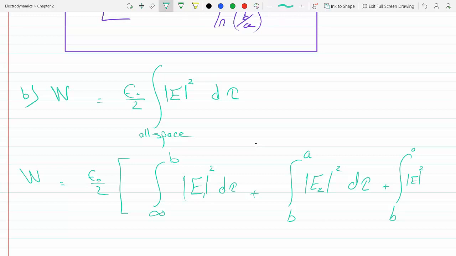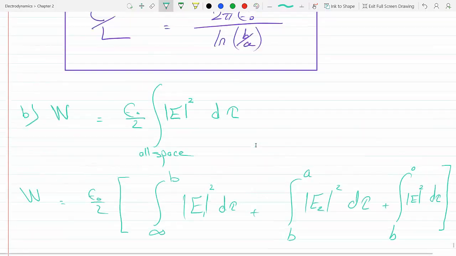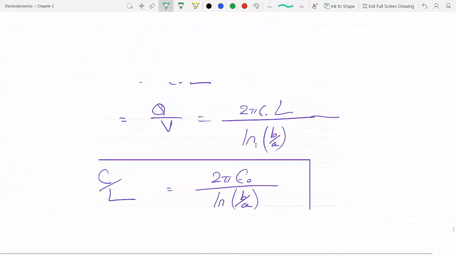Because that will be the entire electric field, this accounts for the entire energy stored in all space in the entire electric field.